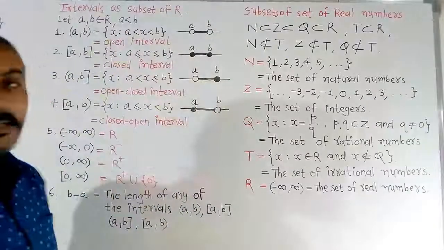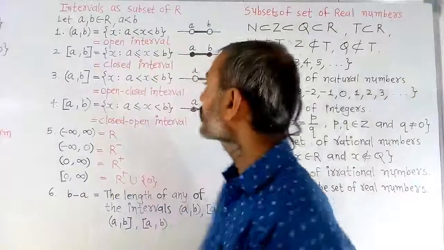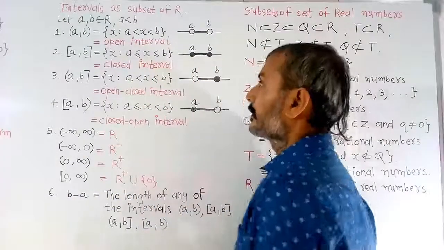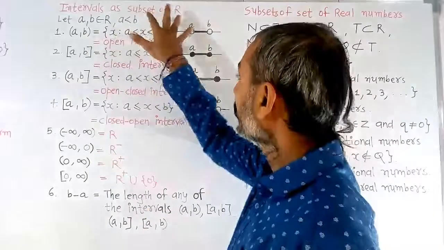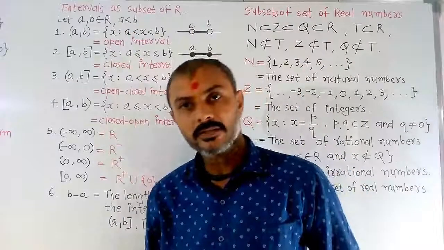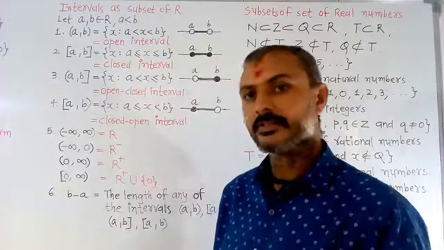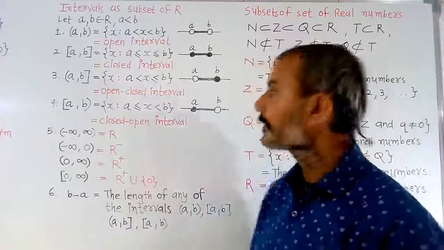Okay. Now, new topic, that is intervals as subsets of R. Intervals as a subset of R. So now capital R contains some intervals, and they are subsets of the real numbers. Okay.